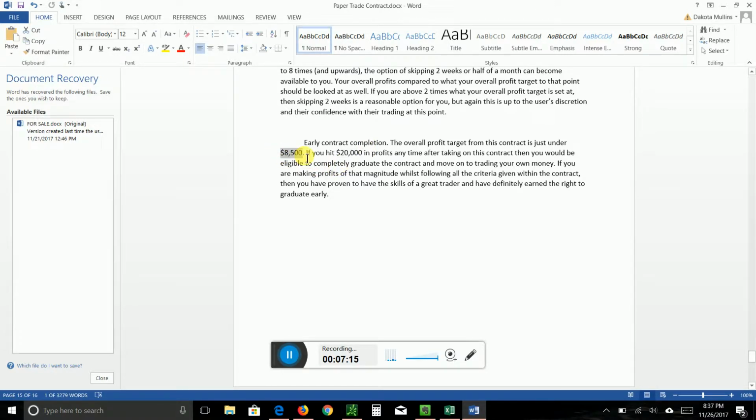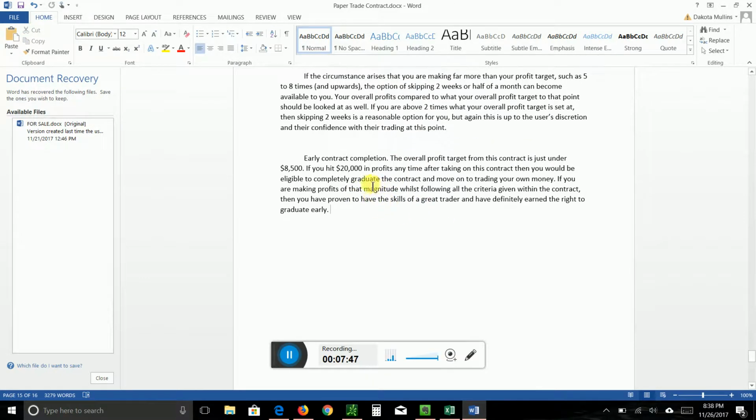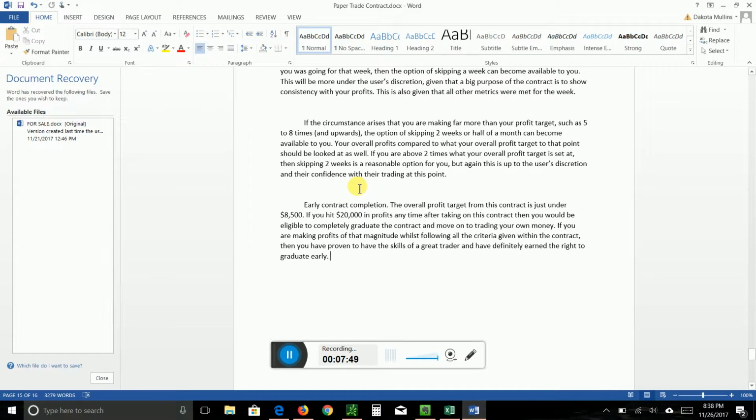Because if you're going strictly by everything that's in here, 8,500 is the overall profit you would come out with. So this is pretty substantial, which I think justifies yourself to be able to move on.